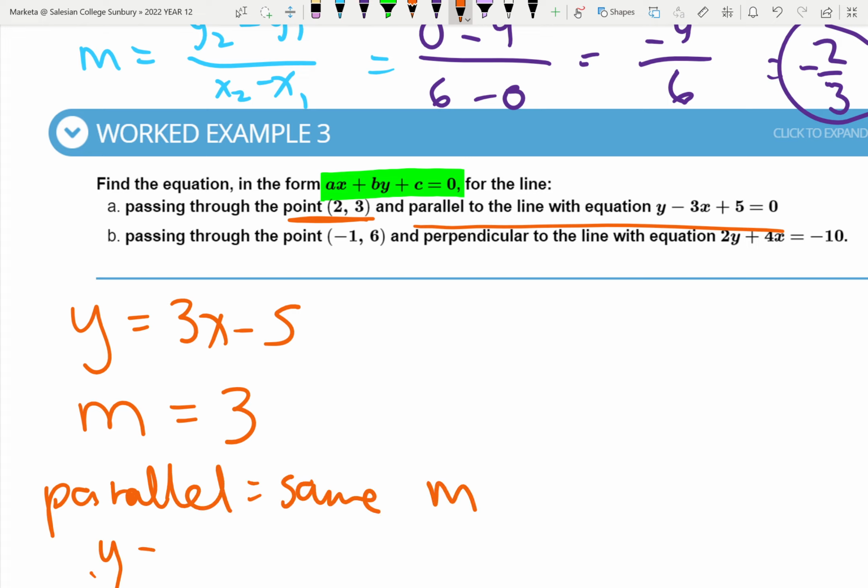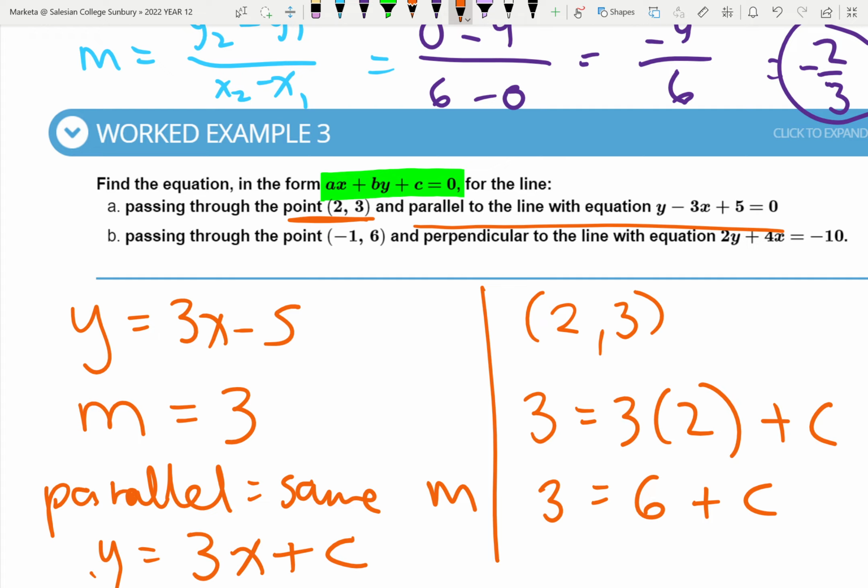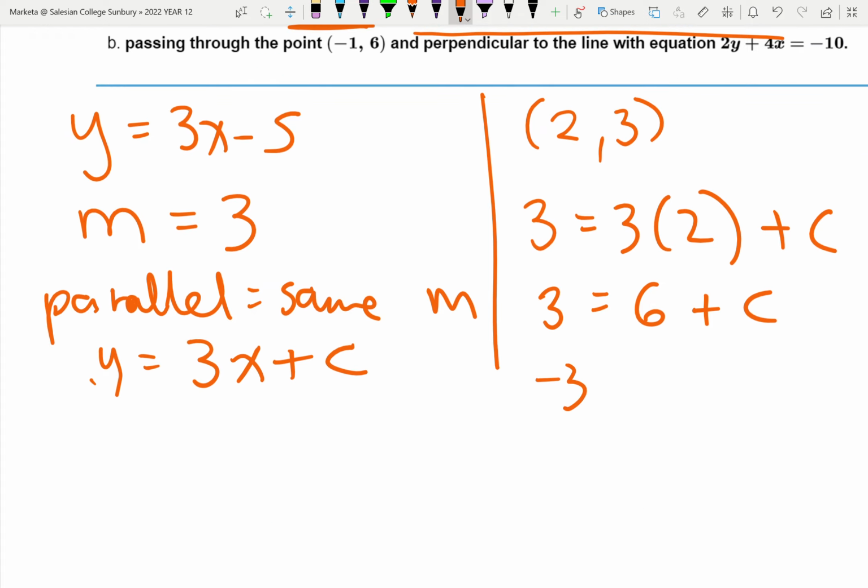So far we've got y equals 3x plus c. Well, then we just do the usual, which you probably did since year 8. We sub in the point and we say, well, 3 equals 3 times 2 plus c. That's 3 equals 6 plus c. And, well, neg 3 equals c.